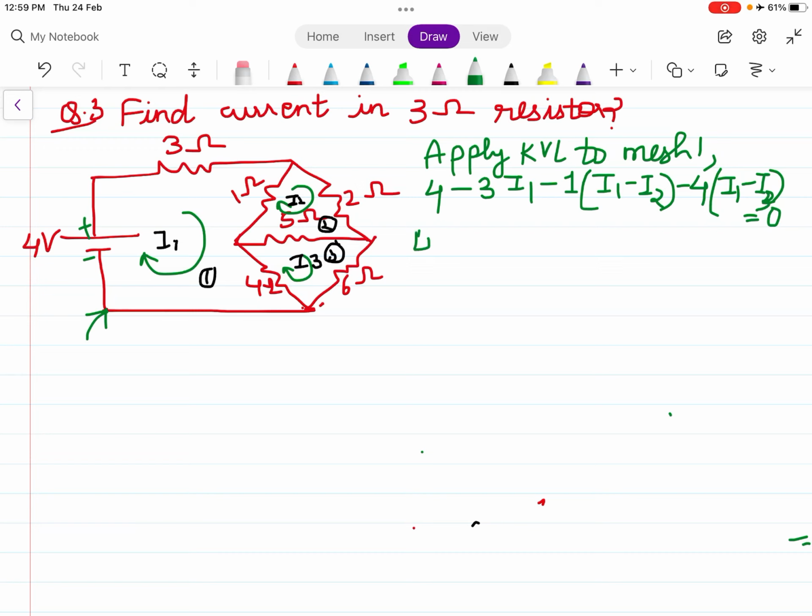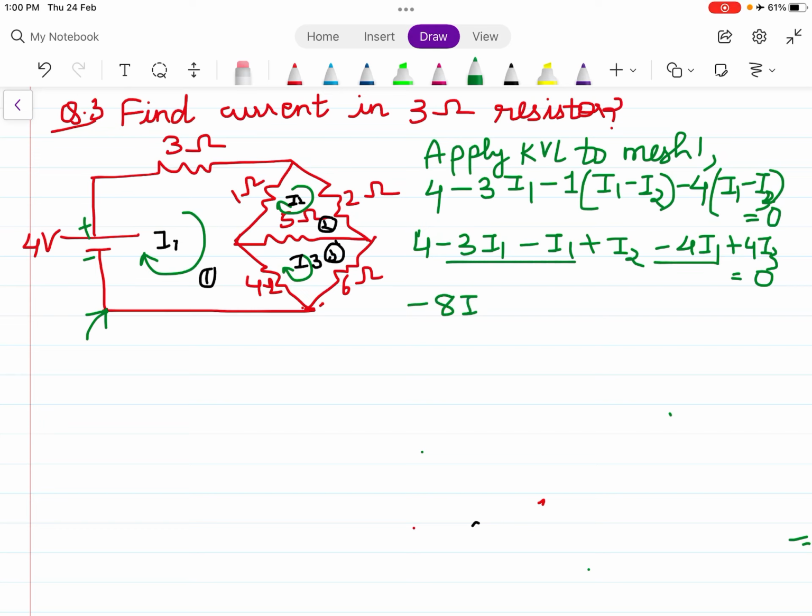So 4 minus 3I1 minus I1 plus I2 minus 4I1 plus 4I3 equal to 0. Collect the I1 terms. It is minus 8I1 plus I2 plus 4I3 equal to minus 4, equation number 1.